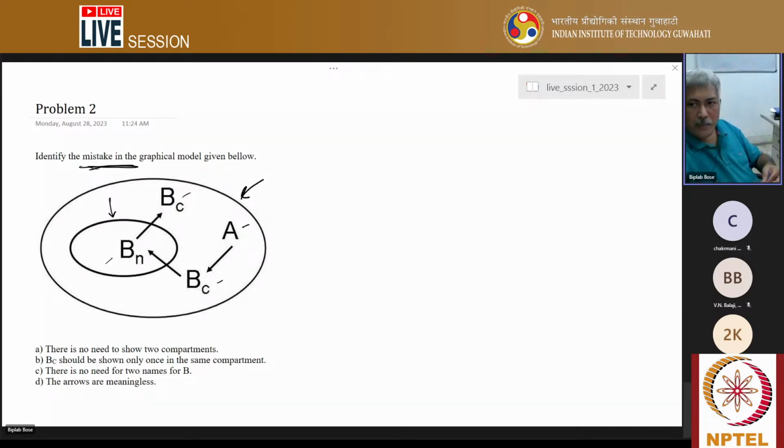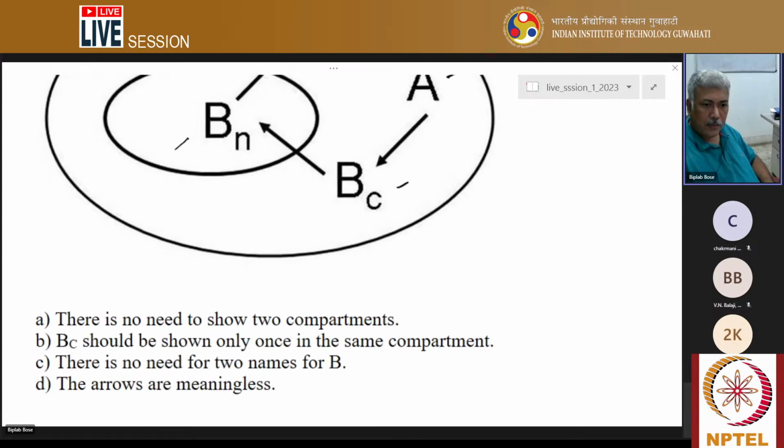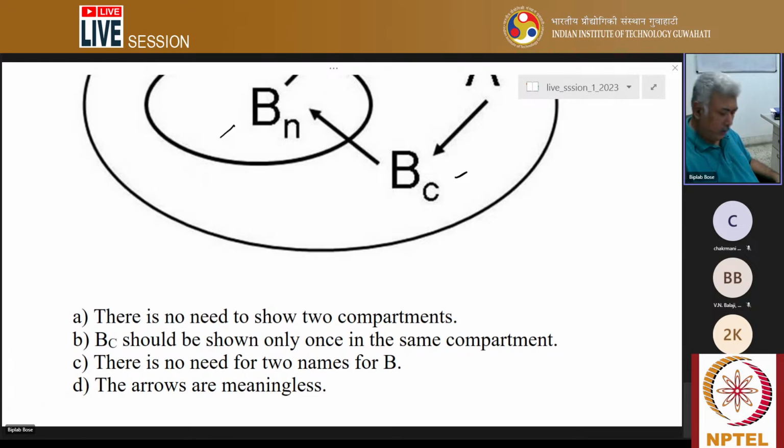I'll wait for one or two minutes if somebody wants to answer where is the mistake in this graphical representation. Options are given here. The first option: there is no need to show two compartments. Second: BC should be shown only once in the same compartment.